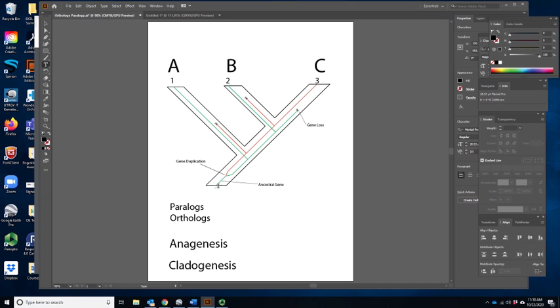So we're going to start here with a single ancestral gene represented by this green line, and then we have a gene duplication event, okay? And so we end up with 2 copies of that gene. Now, gene duplication events can occur via a number of mechanisms.